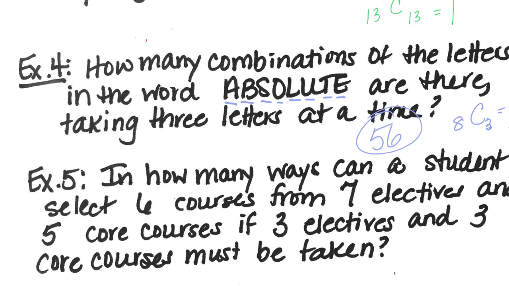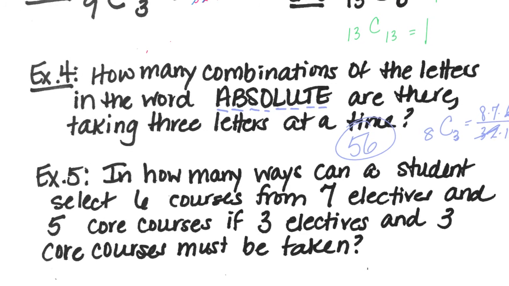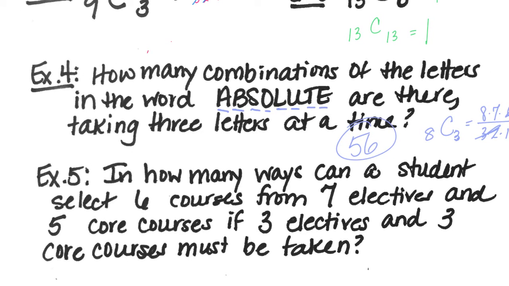All right, in how many ways can a student select 6 courses from 7 electives and 5 core courses if 3 electives and 3 core courses must be taken? Wow. Okay, so they have 6 courses, 7 electives, and 5 core courses. So I think I'm going to have 2 separate problems.